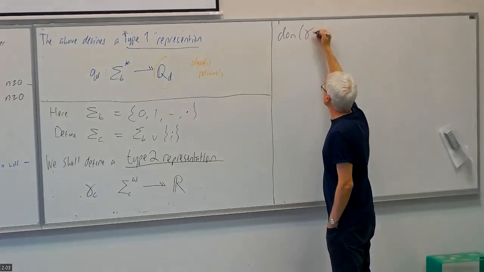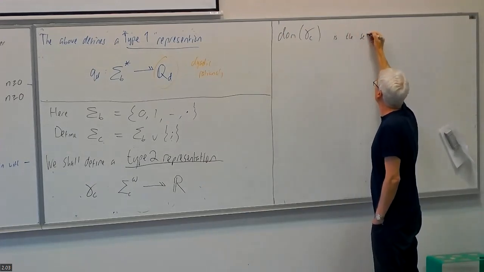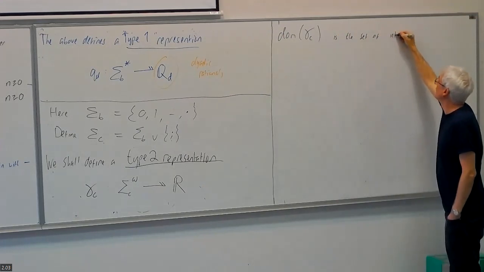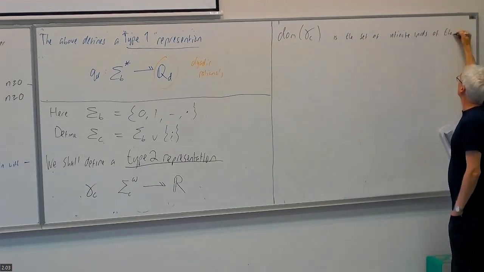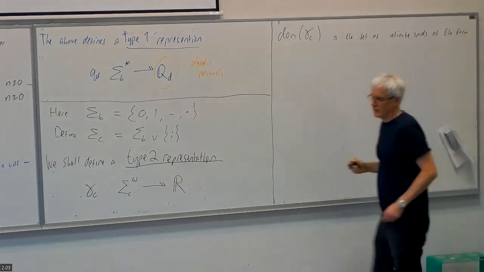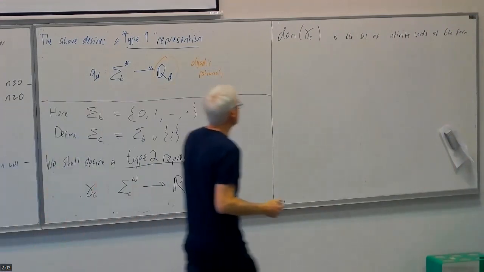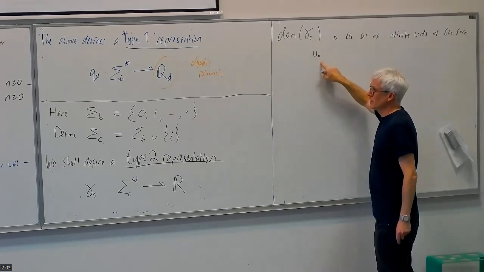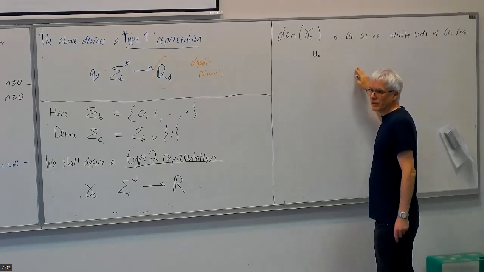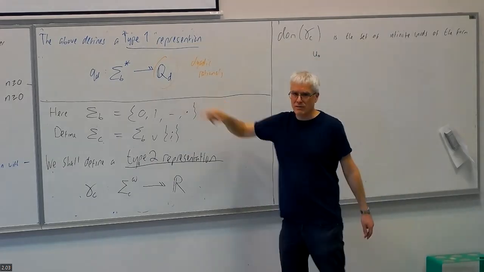So the domain of the function gamma c is the set of infinite words of the form, and I want to know whether I start with 0 or 1 in my notes. 0. So it's going to be a sequence of finite words, where each finite word is a representation of a dyadic rational number.